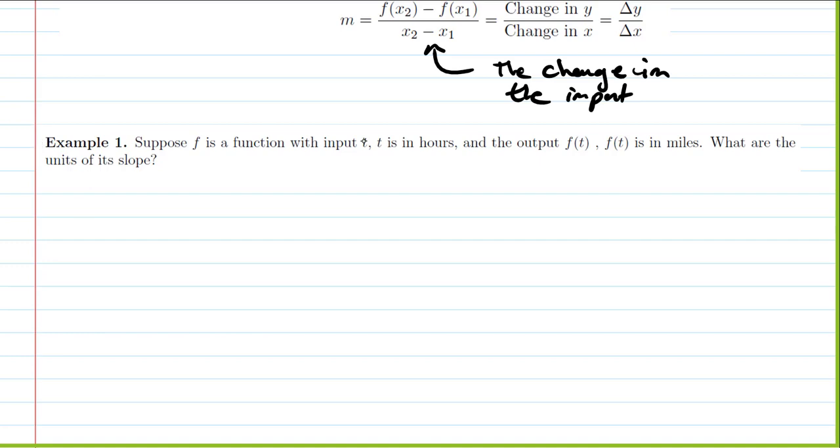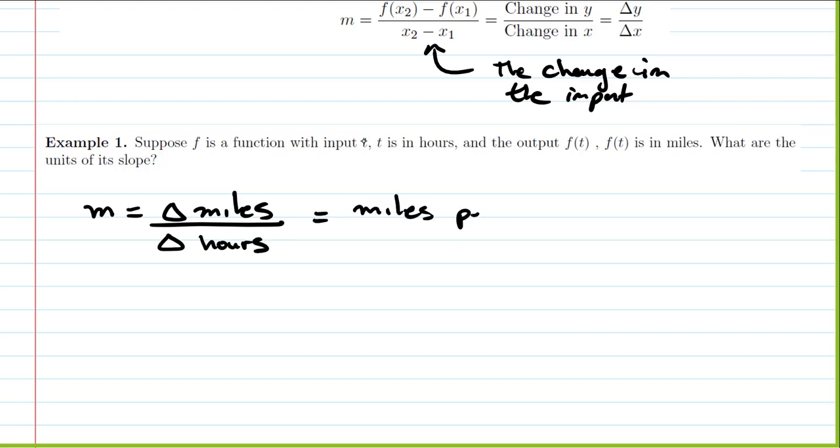Well, if we analyze our slope, it's going to be the change in our output, and our output is miles, so the change in miles divided by the change in hours. In other words, it's going to be miles per hour. So our slope in that case would represent the change in miles over the change in hour, or miles per hour. So this is a velocity, or a speed.